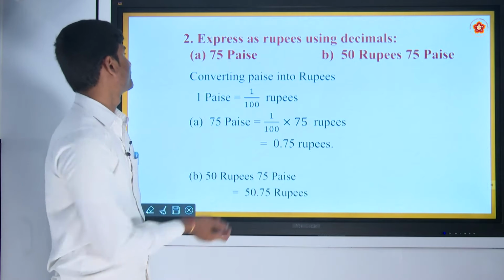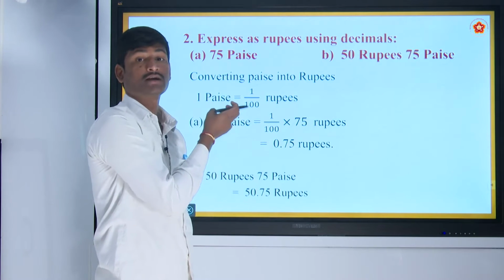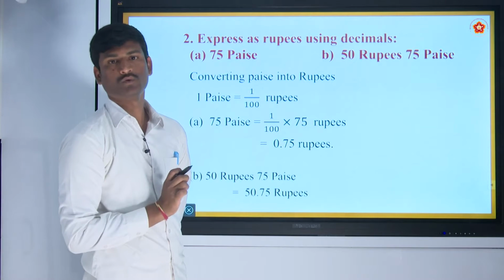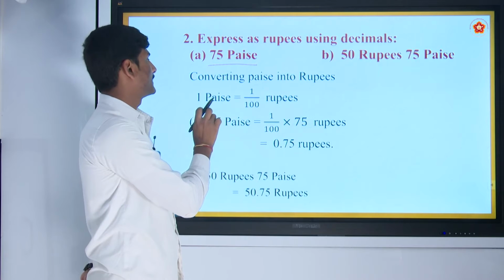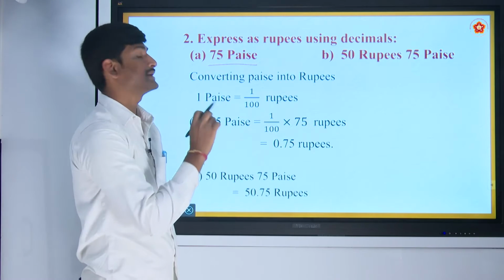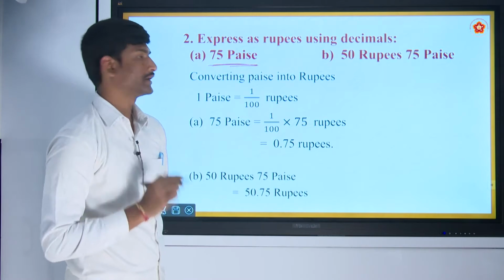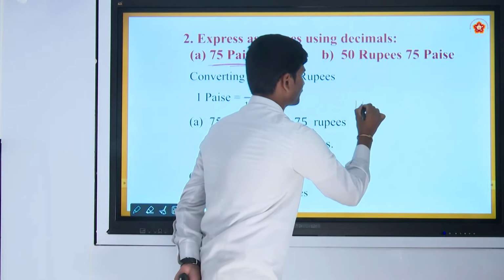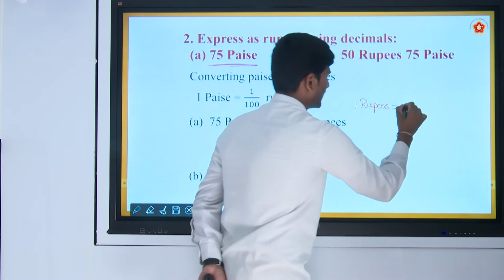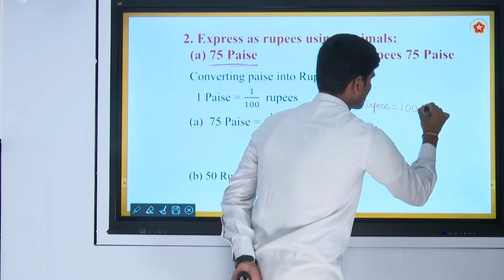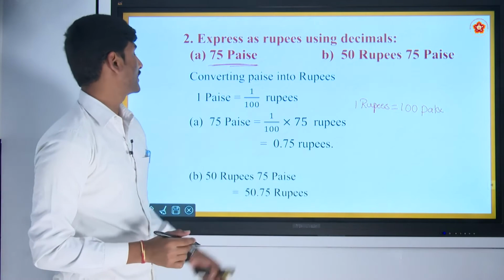Then the next question, express as rupees using decimals. This question is based on conversion of money. First, 75 paise. We convert paise into rupees. You already know 1 rupee is equal to 100 paise.